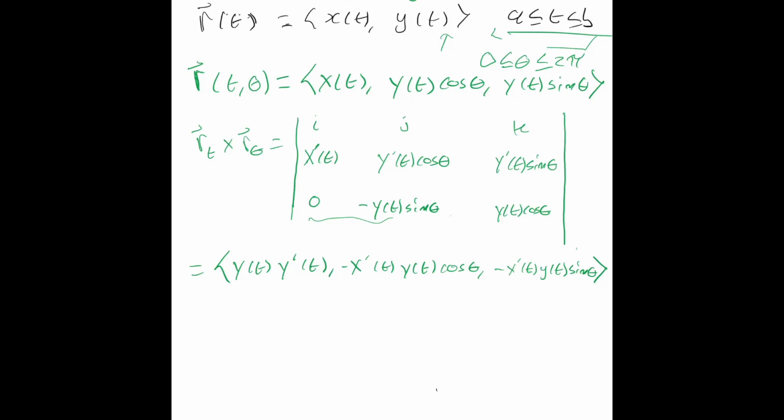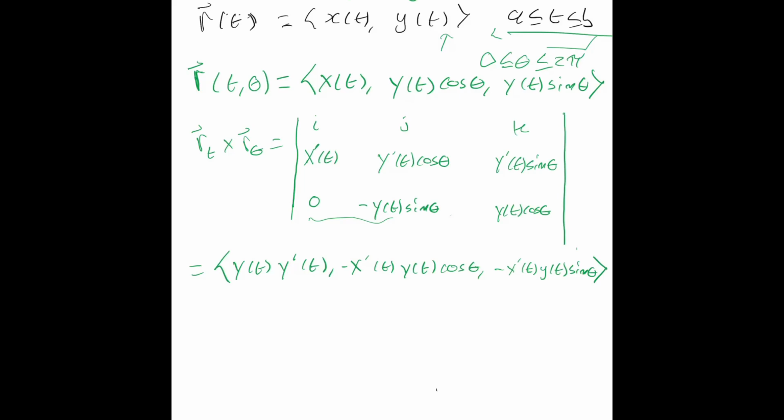Now, if we wanted to do the line integral of a vector field, we would need to determine whether or not this is the outward pointing normal vector or the inward pointing normal vector. The best way to do that is to pick a t and a theta within the parameter domain, and see if that is an outward pointing vector or an inward pointing vector.